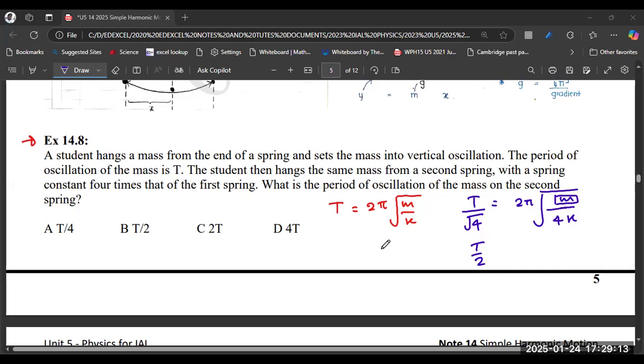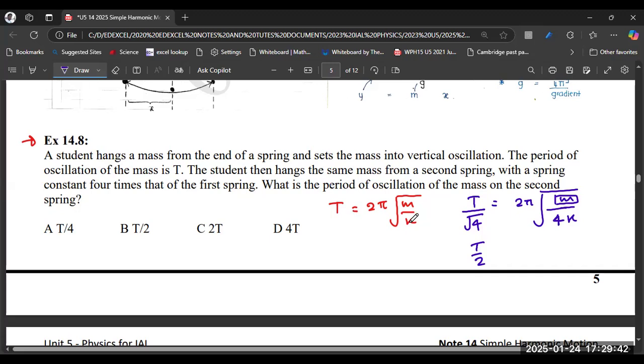So is it 2T or T1? T over 2. Why? Because the time period is inversely proportional to root of spring constant. So whatever happens to the spring constant, the opposite should happen to the time period.